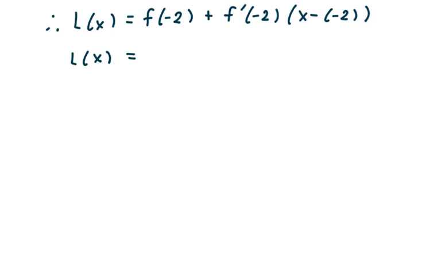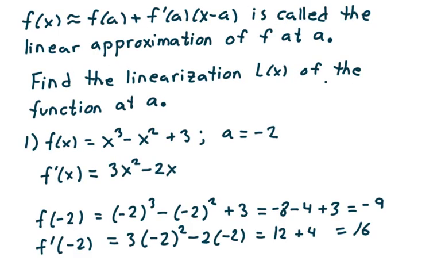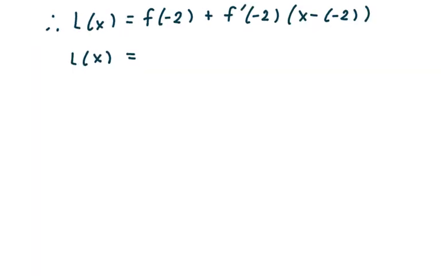And so let's fill in our missing pieces. L of x equals, now f of negative 2 is negative 9. So I'm going to write negative 9 plus f prime of negative 2, which is 16. And then I'm going to multiply by x plus 2. And we can simplify this a little bit, right?